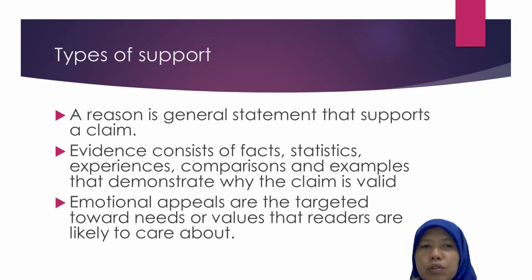A good support should be evidence, which consists of facts, statistics, experiences, comparisons, and examples that demonstrate why the claim is valid. And the last is emotional appeals, which are targeted toward needs or values that readers are likely to care about.